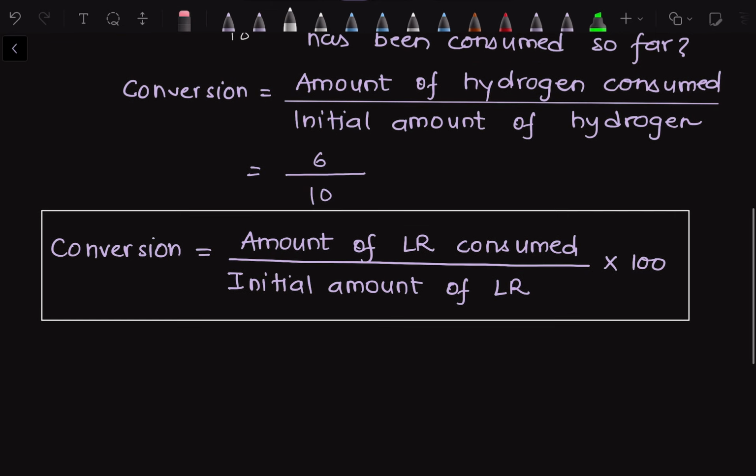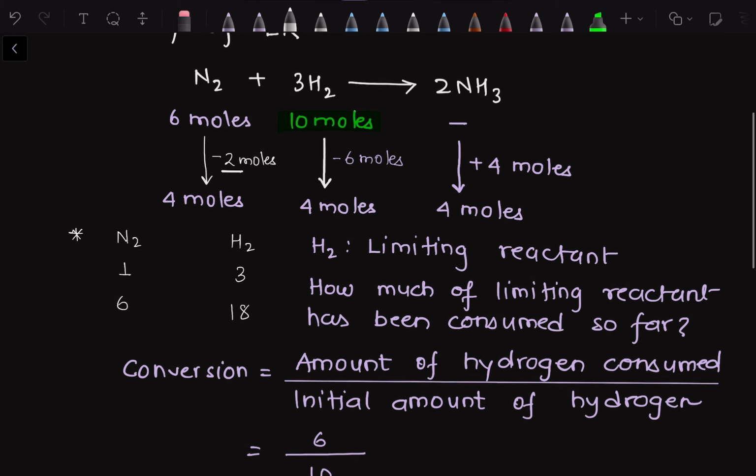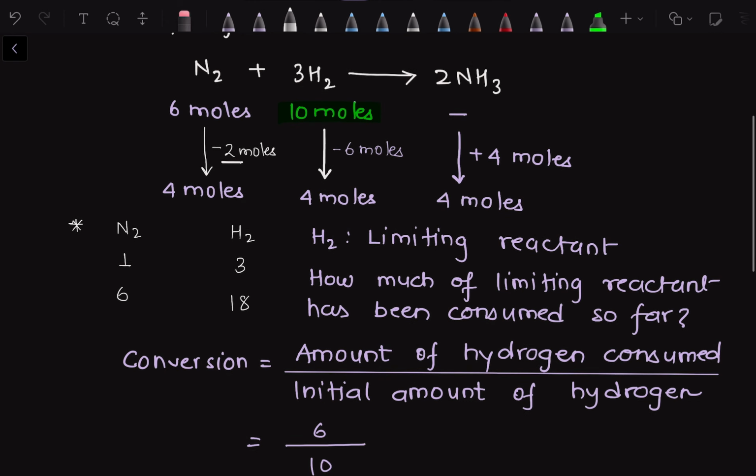All right, so let us revisit the problem once again and note down the steps of calculations we have performed. First of all, 6 moles of nitrogen was given to us, and also we were provided how much nitrogen is present in the reactor after the reaction has happened.